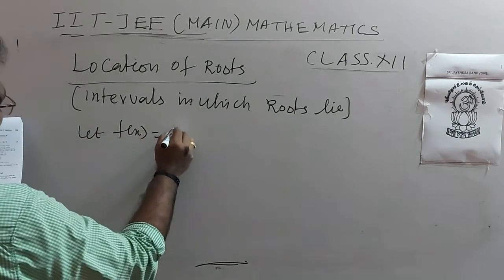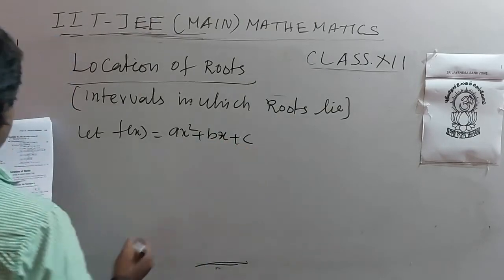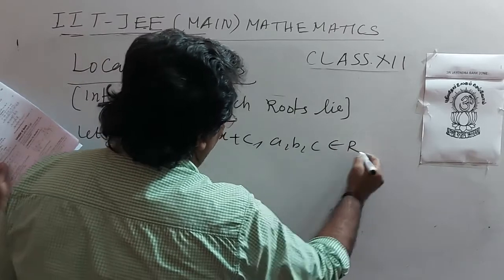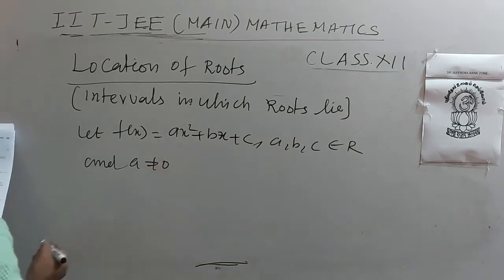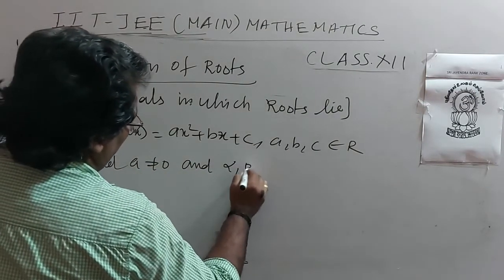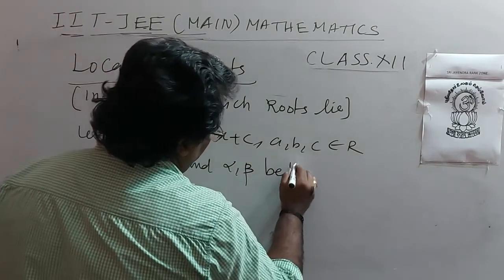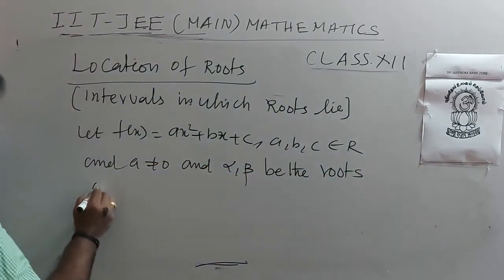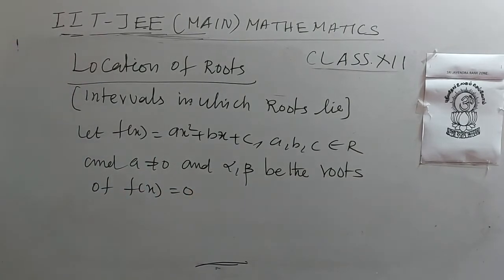Let f of x equal to ax squared plus bx plus c, a, b, c belongs to R and a not equal to 0, and alpha comma beta be the roots of f of x equals 0.